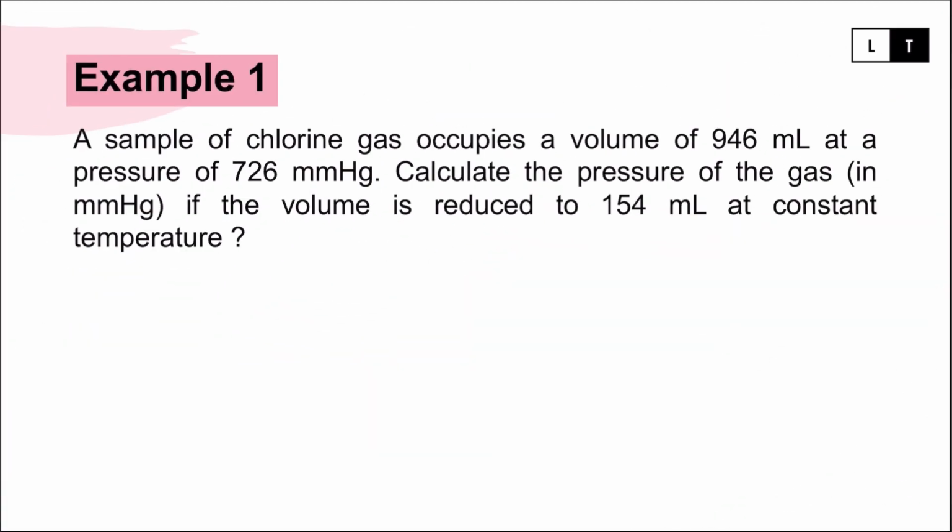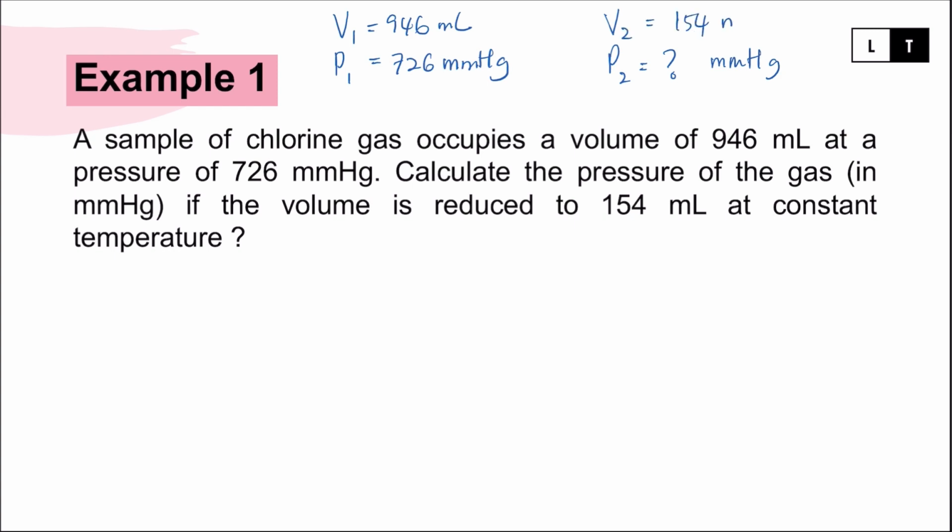So what you should do when you have this kind of example, first thing first, no matter what, you have to extract the information. So I'm going to extract and take out the information given. I got V1 946 milliliter, and I got P1 726 millimeter mercury, and then it asked me to calculate P2, pressure exerted, dan dia minta dalam unit millimeter mercury, sekiranya volume V2 reduced to 154 milliliter.